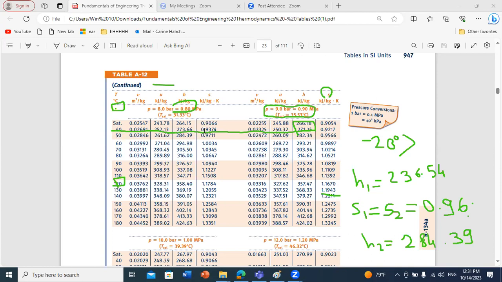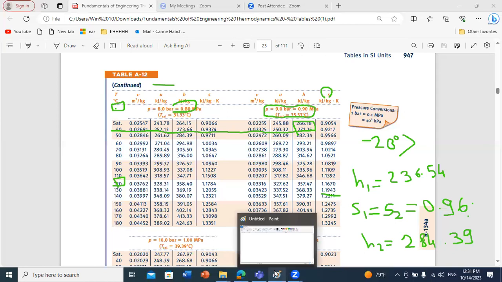Since S is 0.96, it's closer to 50 degrees, and the value of your H2 will be close to 284.39. It will be maybe around 280. So this is how we can get properties at points 1 and 2.